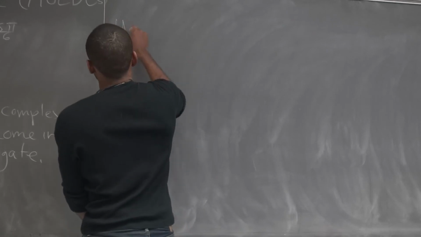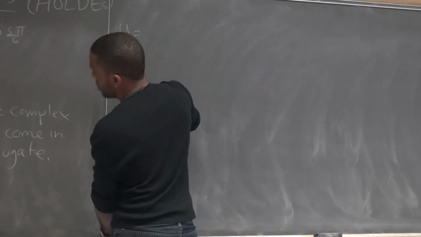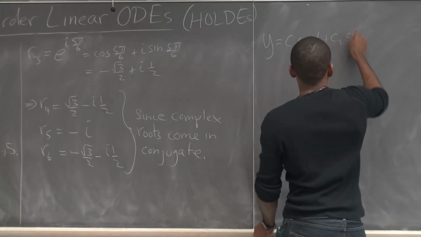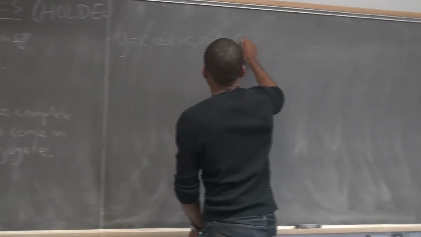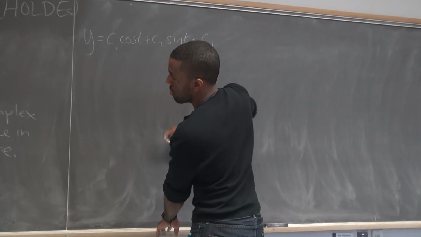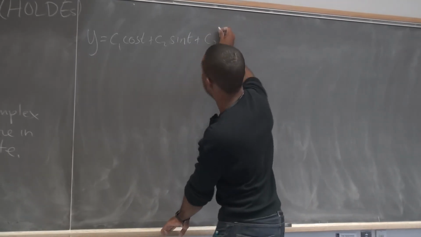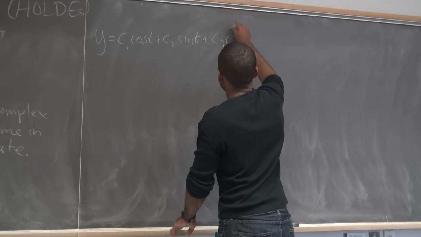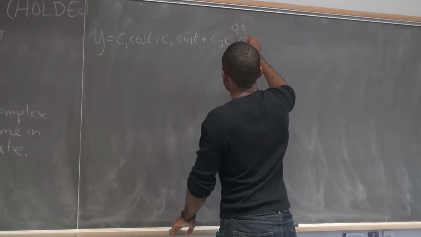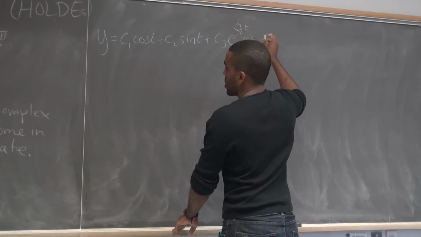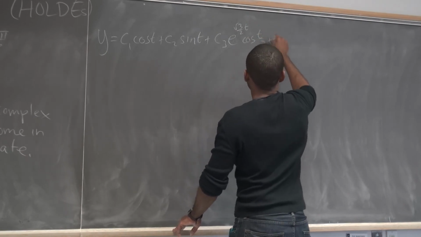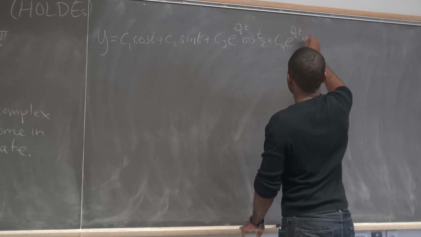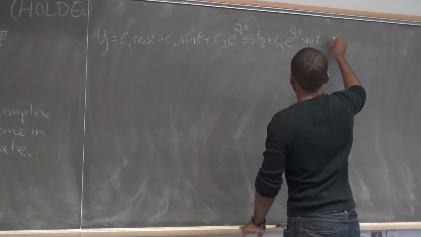So we can have y is equal to c1 cosine plus c2 sine plus c3 e to the radical 3 over 2 t cosine t over 2 plus c4 e to the radical 3 over 2 t sine t over 2.